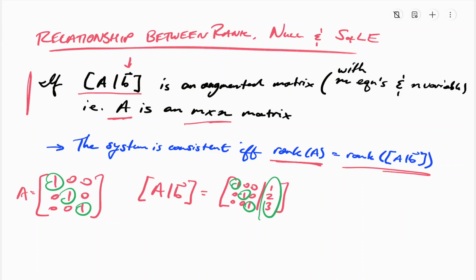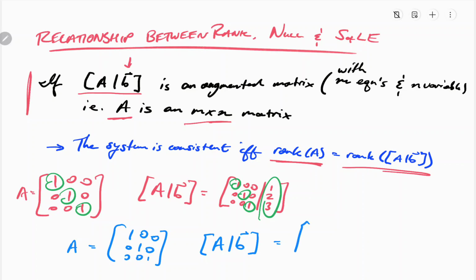However, let's say we defined A as 1, 1, 1, 0, 0, 0 in reduced row echelon form, and then we had our augmented matrix. Actually, let's make this one 0, even though that makes that system consistent.